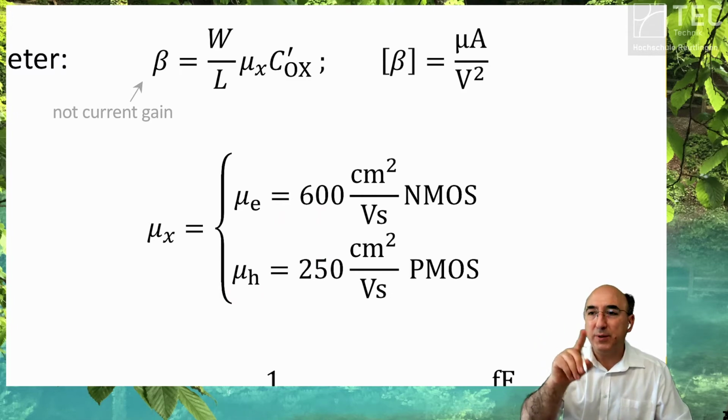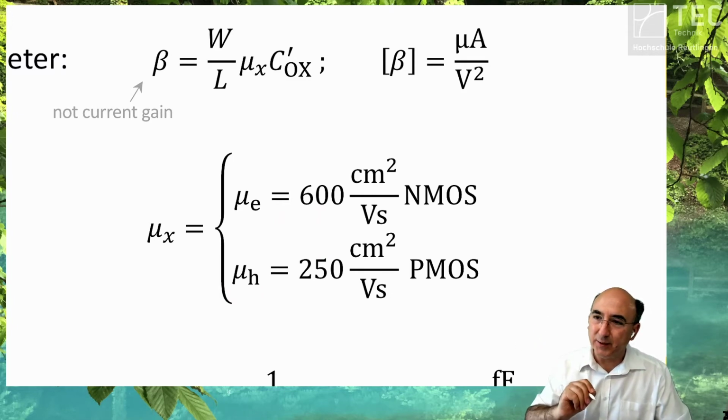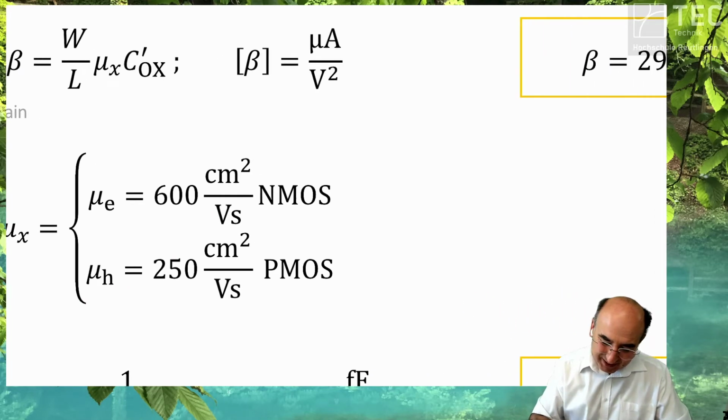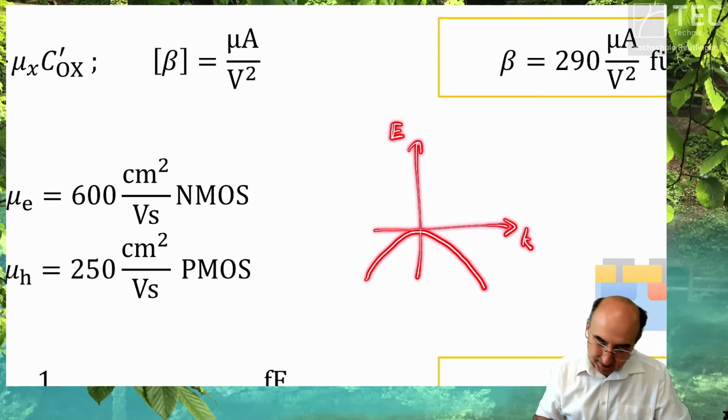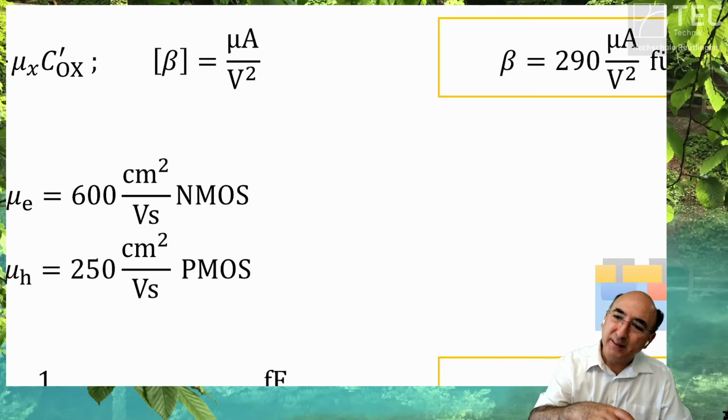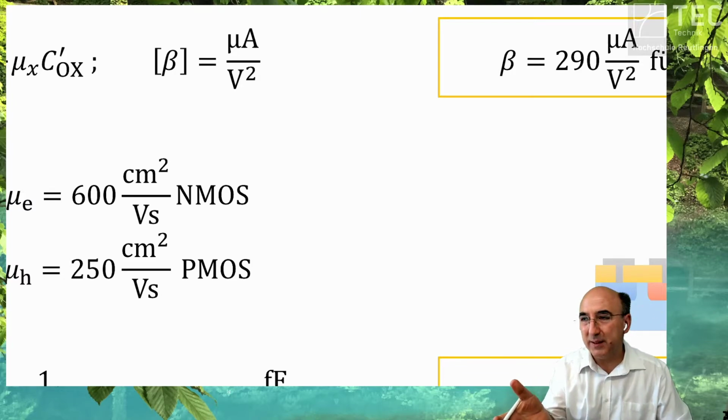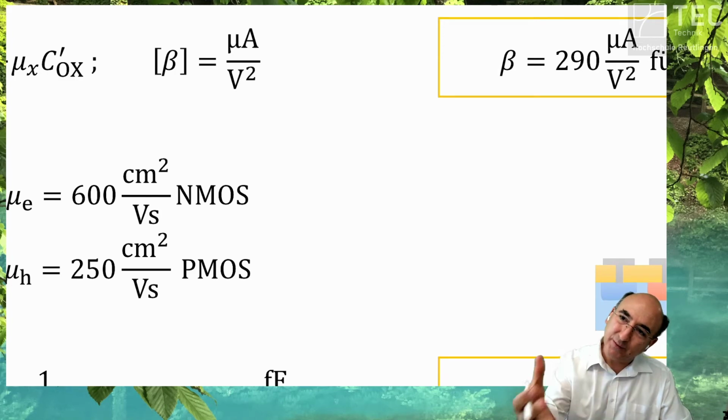Why? Because of the E-k diagram, the energy momentum diagram. The holes have less bending than the electrons. And the bending is inversely proportional to the effective mass.